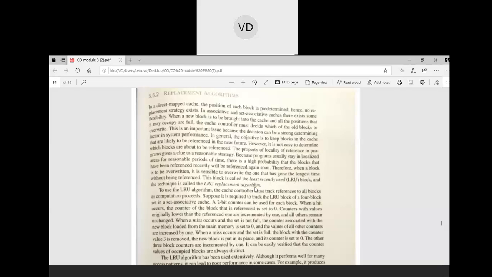How is it replaced? Let us see now. Here is one method they are following. Let us take 4 blocks only. It is required to track the LRU block of a 4 block set in a set associative cache. In the cache memory there are only 4 blocks: block number 0, 1, 2 and 3.